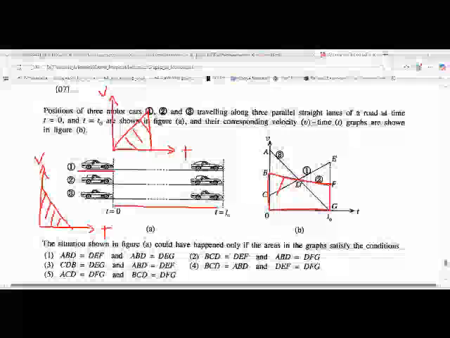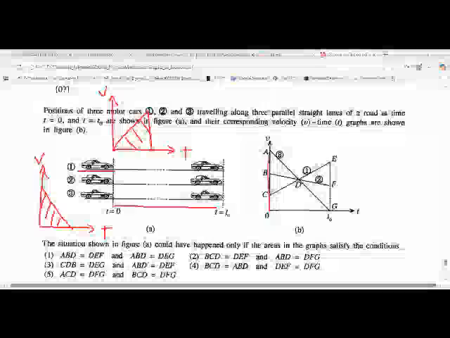What about the displacement of the third car? The displacement of the third car is represented by the area of this triangle, OAG.